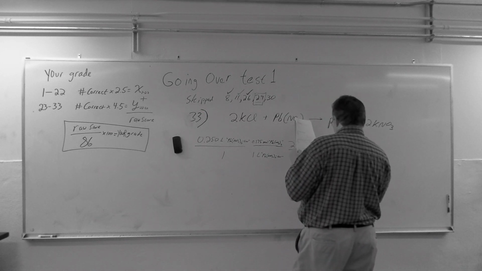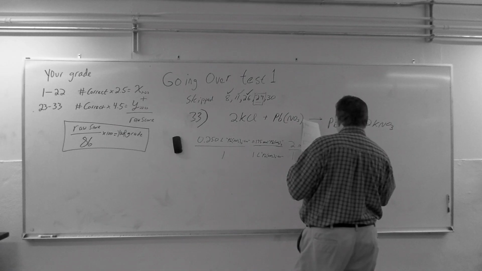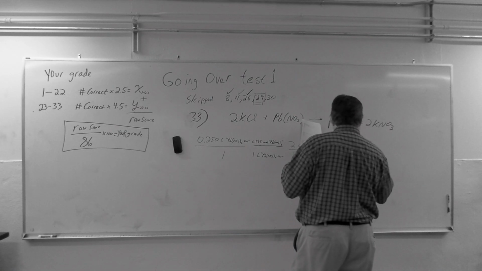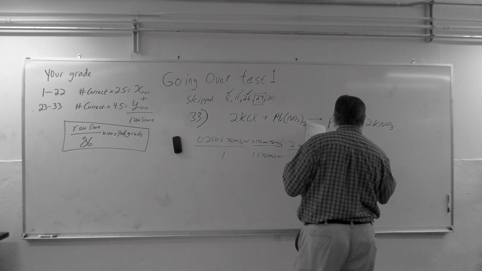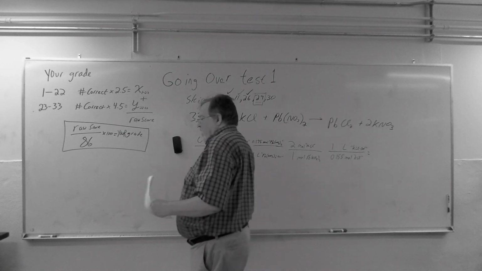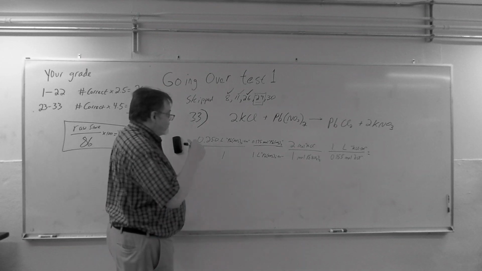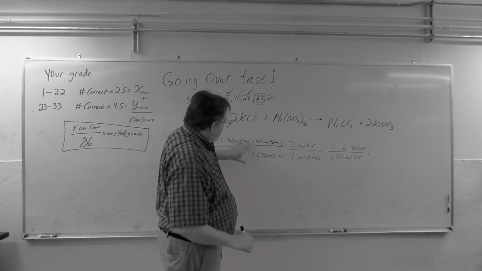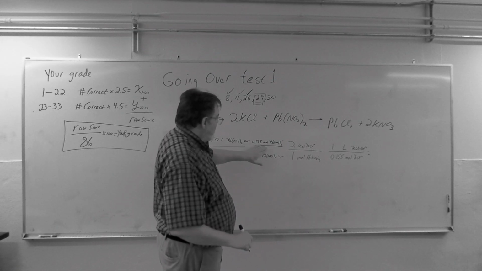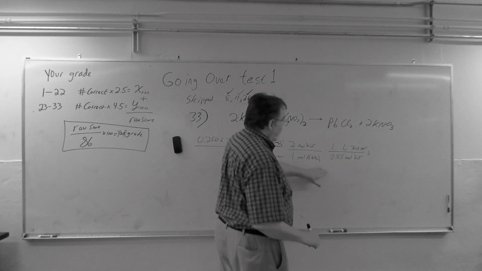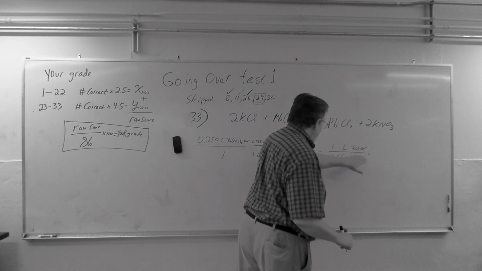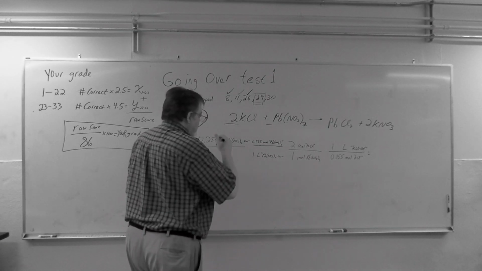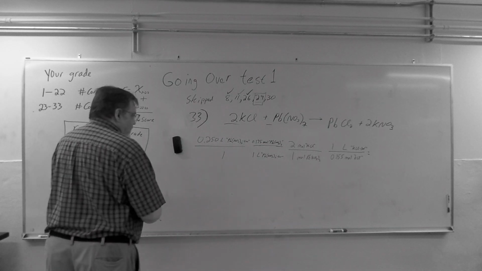KCl solution is 0.155 moles of KCl to 1 liter. Okay. So you're given this as a molarity and you're given this as a molarity. 0.175 moles per liter is the PbNO3 solution. 0.155 mole per liter is the KCl solution. And this is the mole ratio between these two. All right, as long as I set that up right.